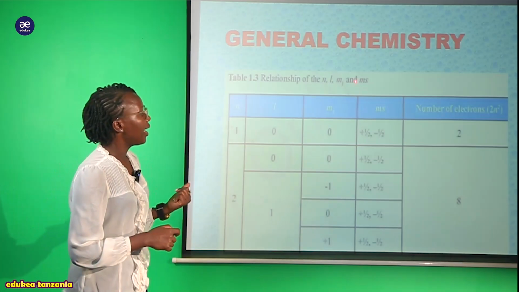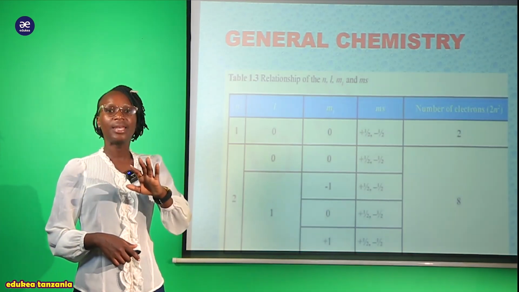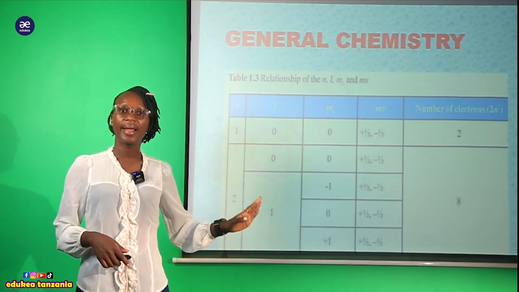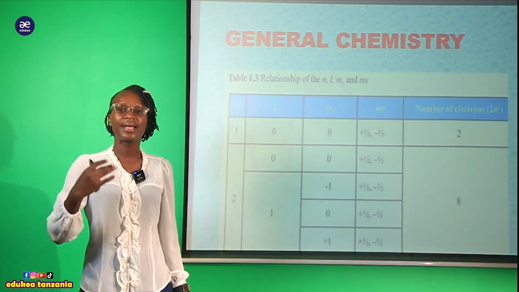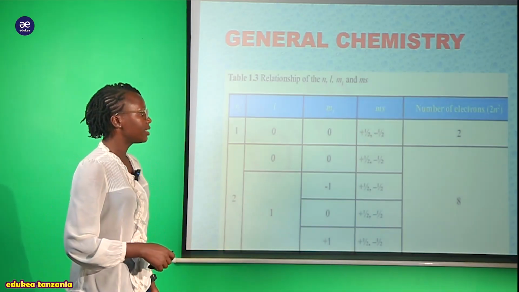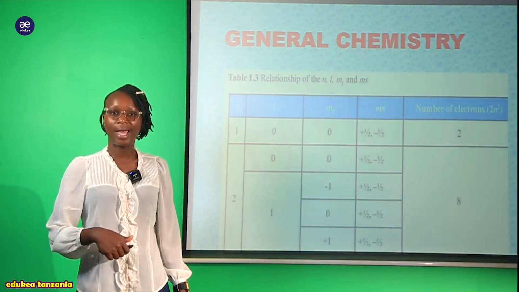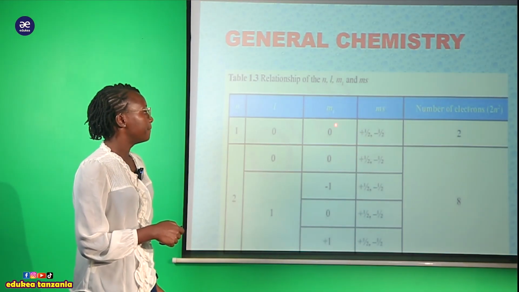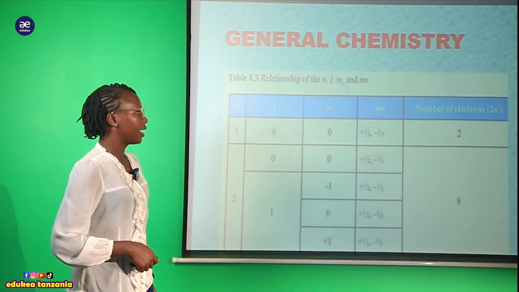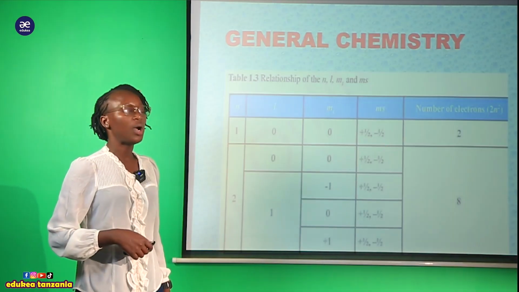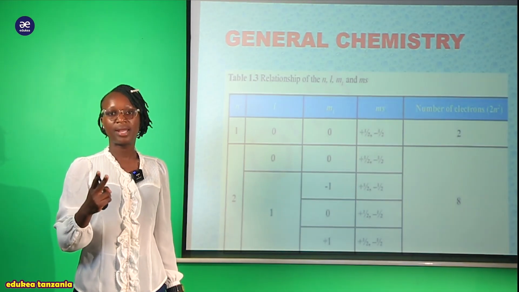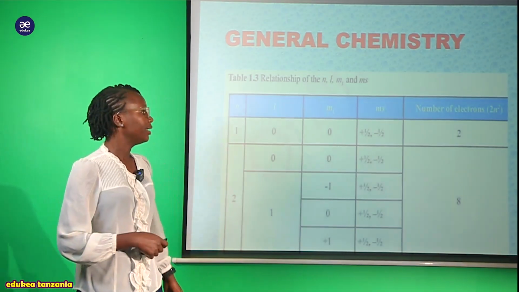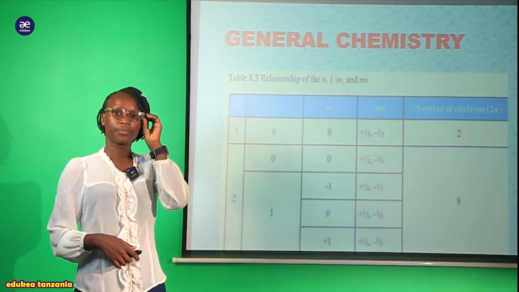But when we come to MS, we said that this is totally different from all other categories, it does not depend on the others. So can you see that here we are talking about the electron spin. Therefore even if ML is 0, you will see that here we are going to have the two spins which are positive a half and negative a half.